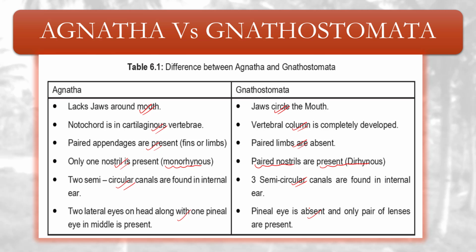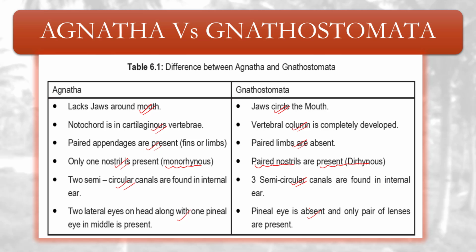Okay, in Agnatha, it is the cartilage based vertebral column and the cranium. In case of Gnathostomata, the vertebral column comes to be fully developed. Okay, in Agnatha, paired appendages are present, either fins or limbs, but in case of Cyclostomata, paired fins are absent.